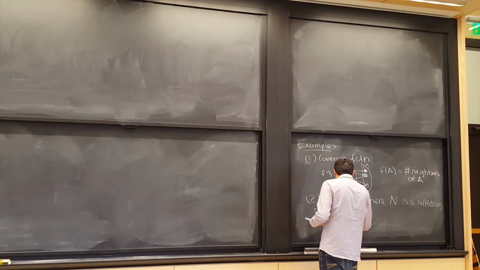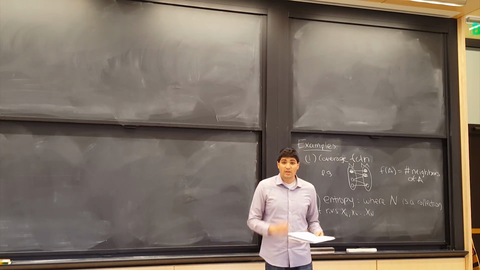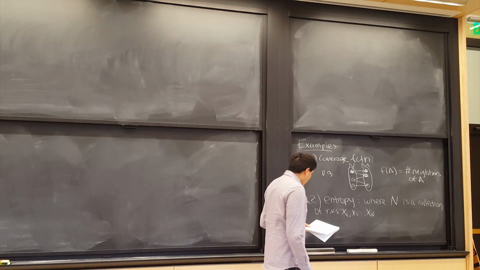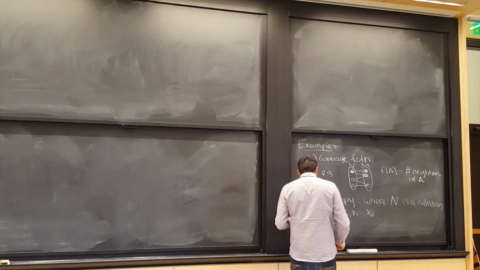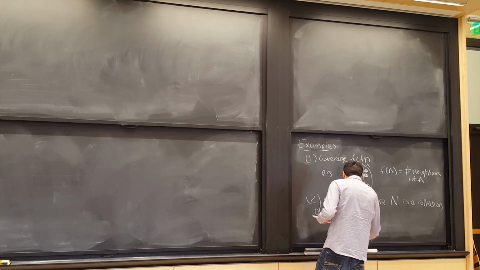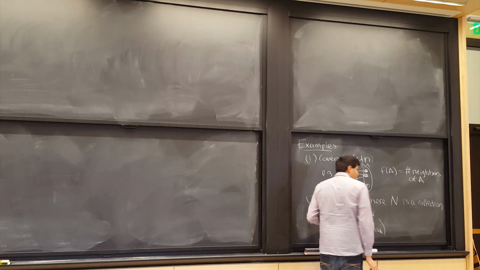We can choose x1, x2, up to xn, so each one of them is associated with some random variable. Now we define f of A, of some set, to just be the joint entropy of all of the different random variables in this set A.